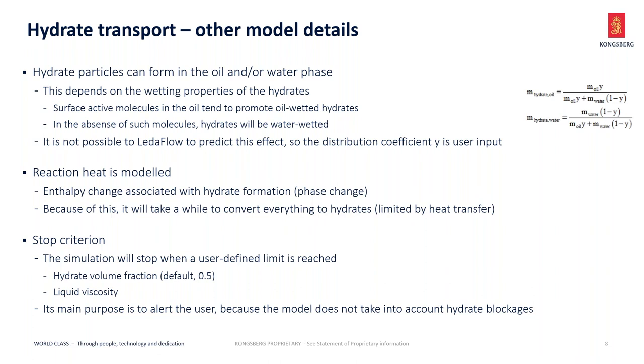Alternatively, you can use a stop criterion based on the liquid viscosity, so that when the viscosity gets too high, the simulation is also stopped. The main purpose of this stop criterion is to alert the user to any possible hydrate blockages. We don't know exactly when the hydrate blockage occurs, but this is just to be conservative, basically.